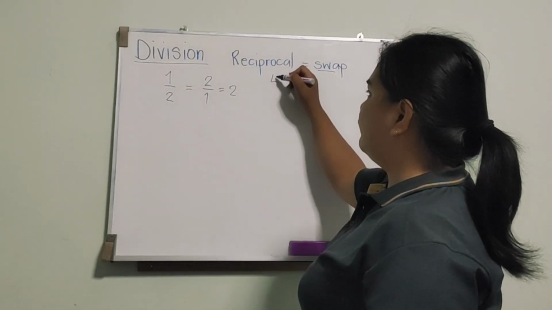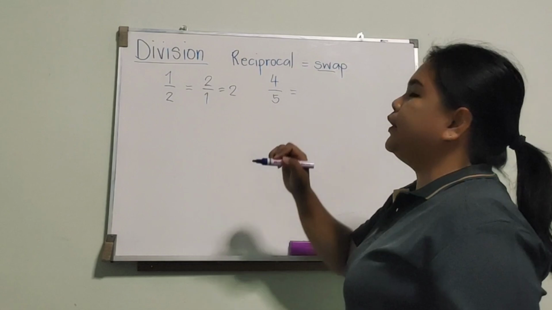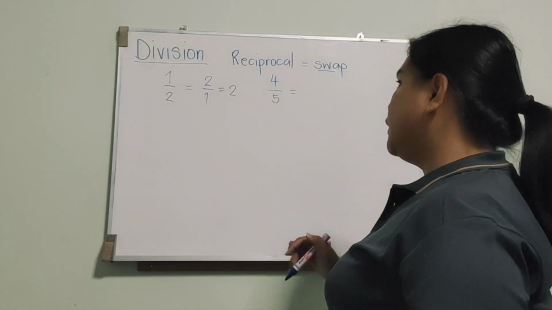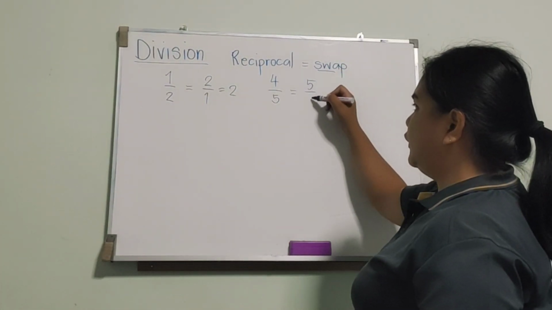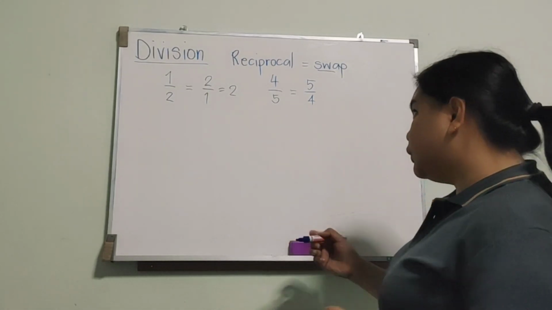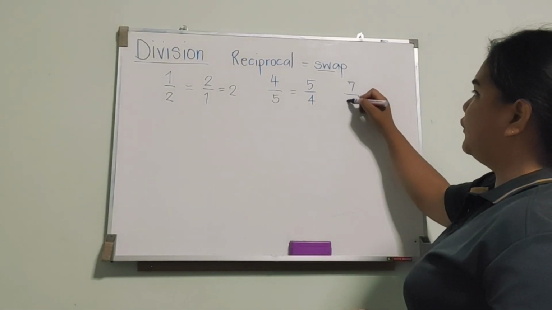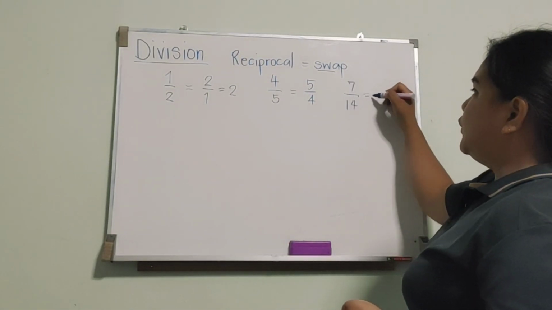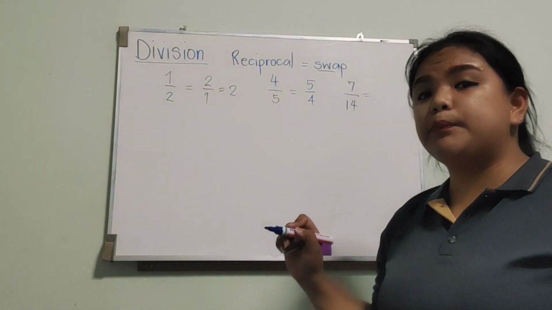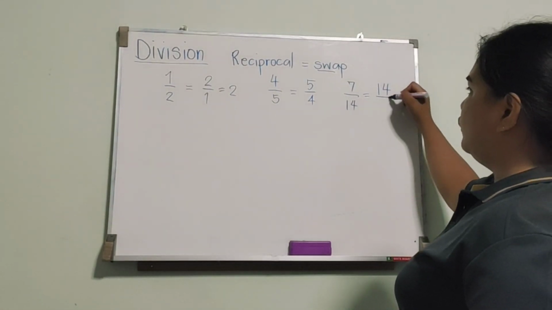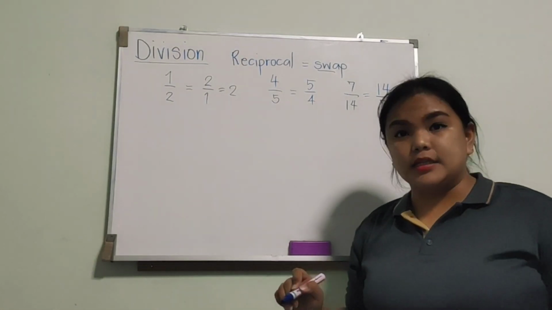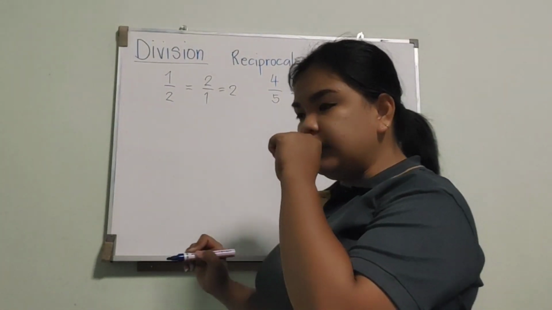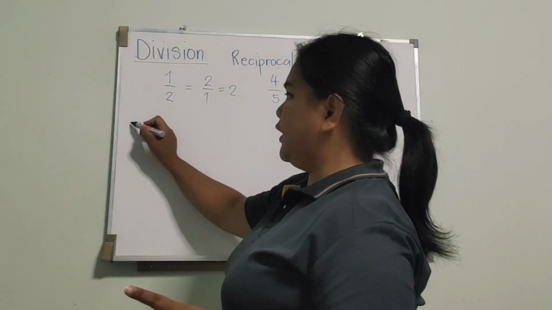Or you can have 4/5. When we get the reciprocal, you will get 5/4. Or you can have 7/14. When we swap or get the reciprocal, you will get 14/7. That is the reciprocal.